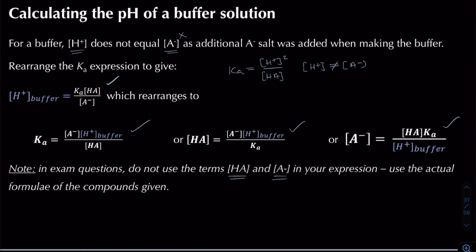So if I were to find the concentration of H+ for my buffer, I know that's going to be equal to Ka times the concentration of, let's say for example, ethanoic acid, which is CH3COOH, divided by the concentration of my conjugate base, which is CH3COO minus in that case. We need to lay it out in this format as well.